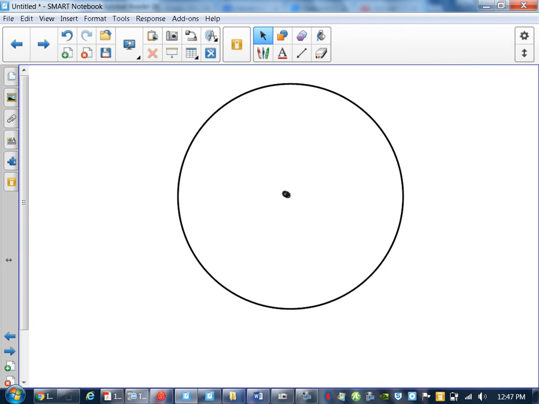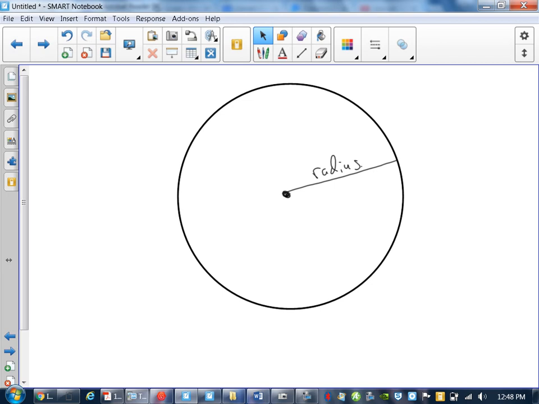Now, when we did that, we defined circles as a set of points that are all equidistant to the center. That's how circles are created. This also had a name. Center out. What is that? Radius. The radius is from the center out of a circle. Now, within a circle, what do you know about all the radii?